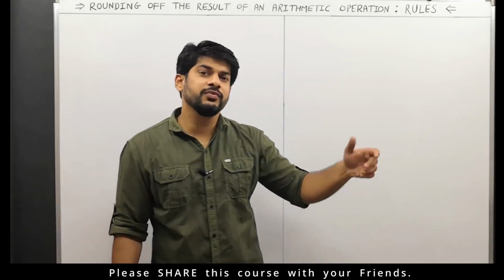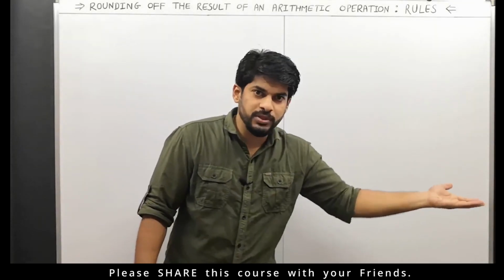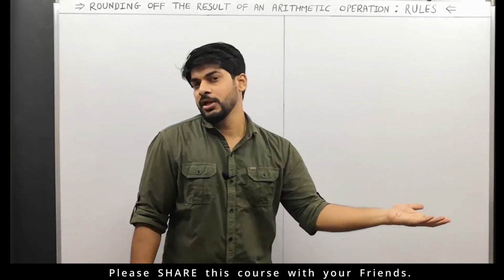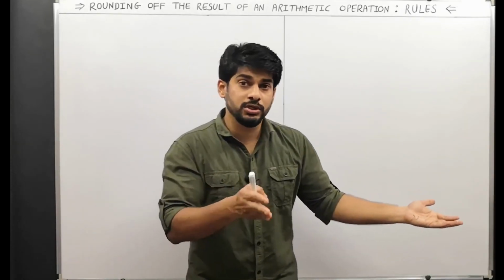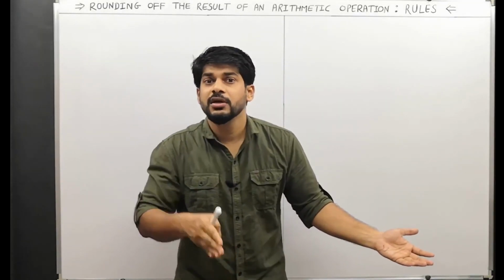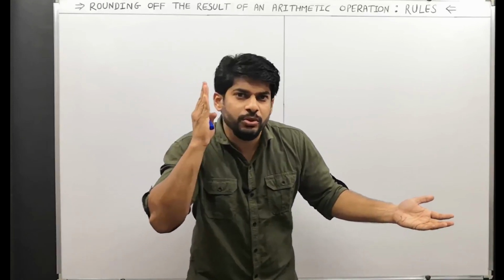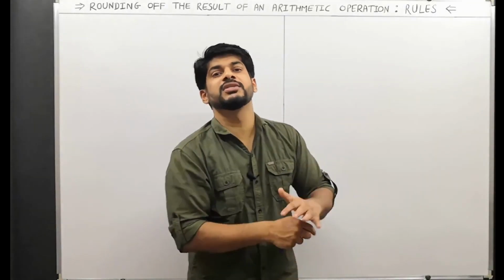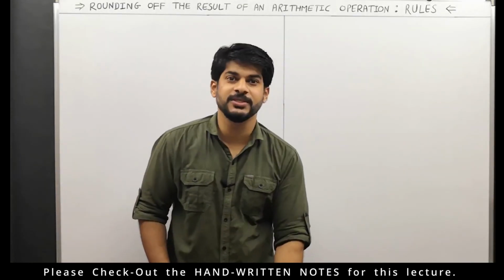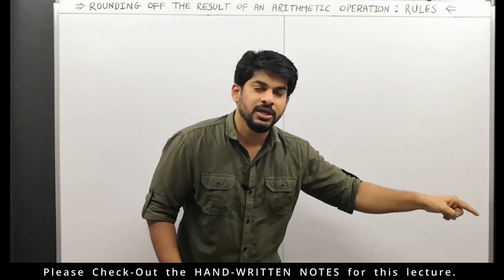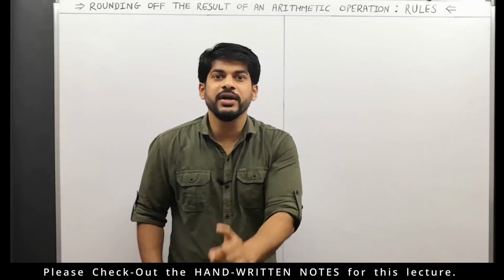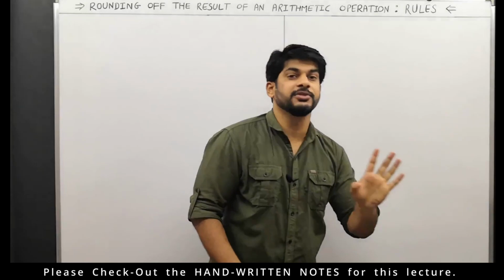Now you might ask, we have already seen the rules to round off, so why can't we just use those rules to round off this answer also? Yes, we are going to use those rules, but there are very particular cases that we need to understand very well. When we talk about these mathematical operations and their results, there are particular rules that need to be followed while rounding off those numbers.